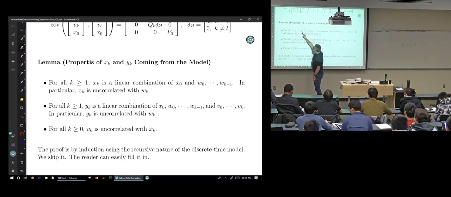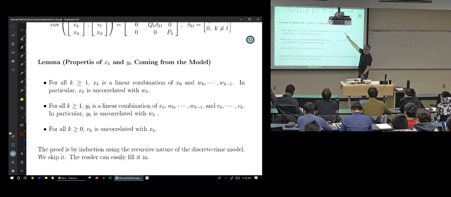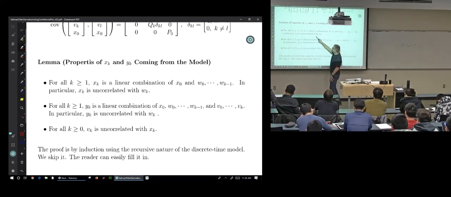Okay, so remember x_{k+1} is a matrix times x_k plus the noise processes, okay? So x1 depends upon x0 and w0. x2 depends upon x0, w0, and w1, etc. And so x_k will only depend up to w_{k-1}, because x_{k+1} depends upon w_k. So x_k as a random vector is also uncorrelated with w_k.